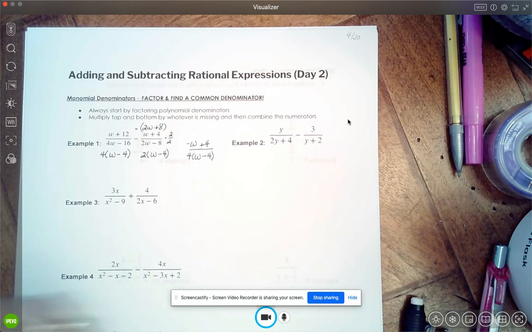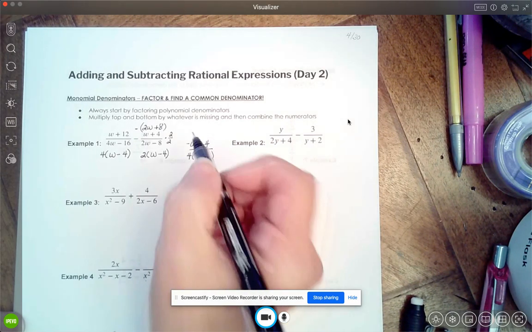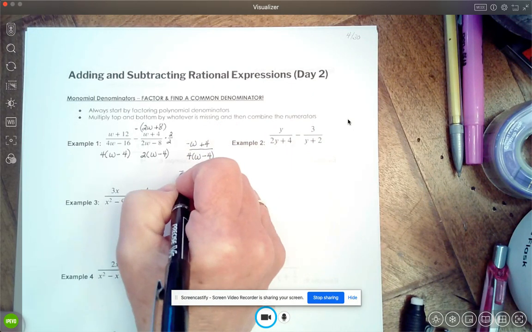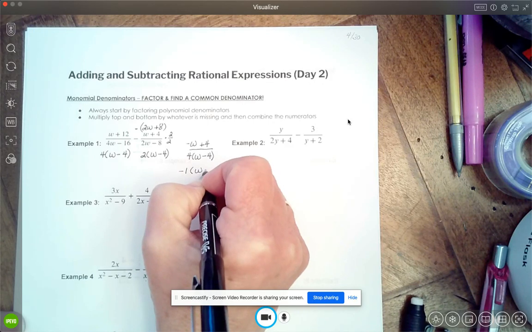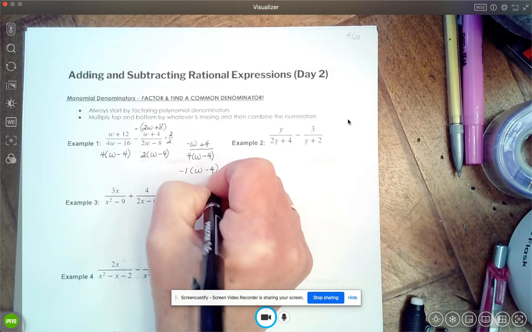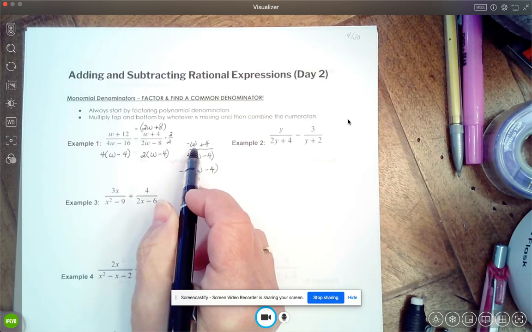Okay, so it looks like I have my answer here. But if I factor out a negative 1 in the numerator, I have a w minus 4. Negative times w is negative w.